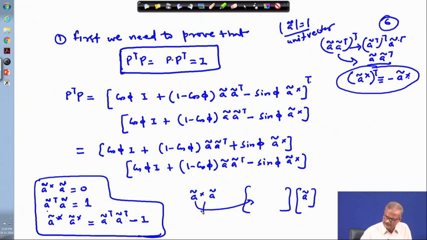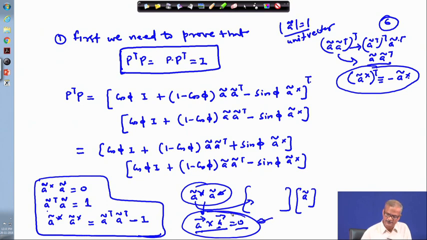And the other way, if you look into the vector notation, this is nothing but A cross A, and A cross A is obviously 0. So, either you do it this way or that way, because the skew symmetric matrix operated on by this A vector gives you a vector, and this also gives you a vector, but this vector, of course, turns out to be 0.